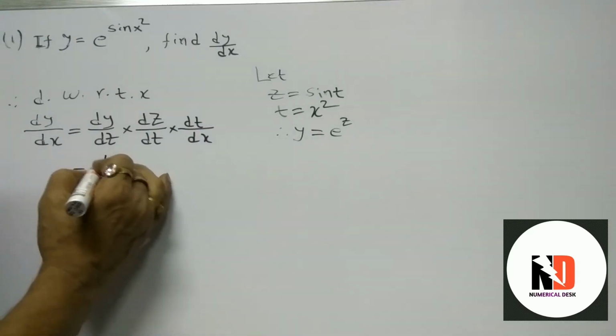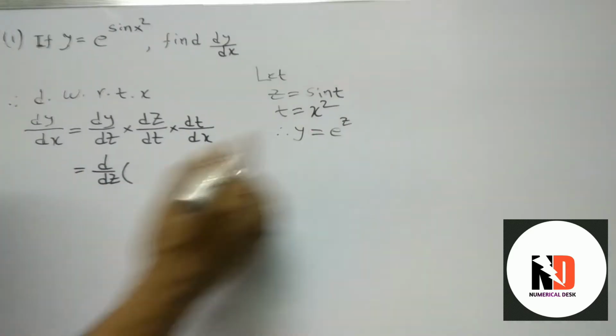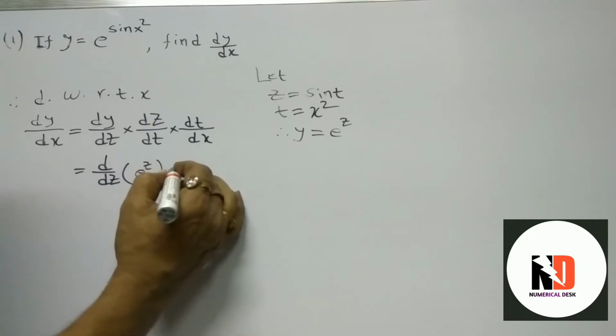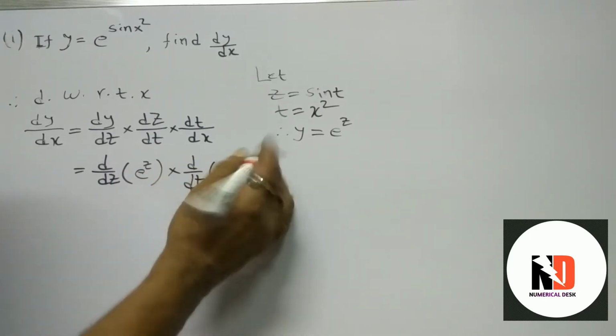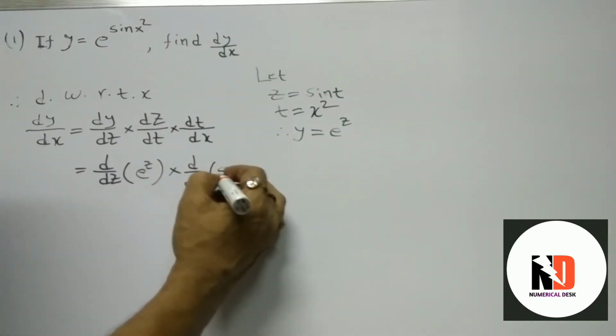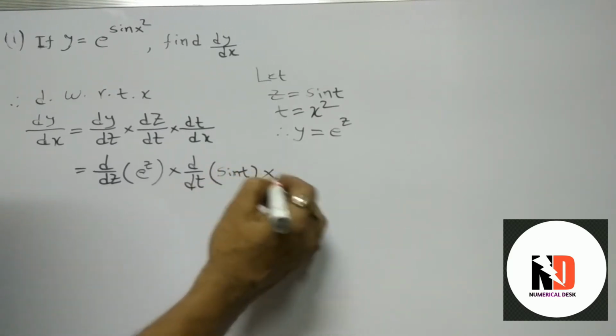So dy by dz times dz by dt times dt by dx; look, the dz and dt seem to cancel. Now d by dz of e to the power z, because e to the power z is the standard form, because d by dx of e to the power x is e to the power x, and d by dt of sin t. Sin t is also differentiable.